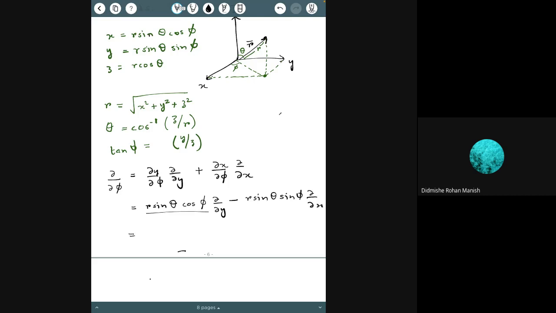So this quantity is basically now x. So I have x ∂/∂y minus y ∂/∂x.